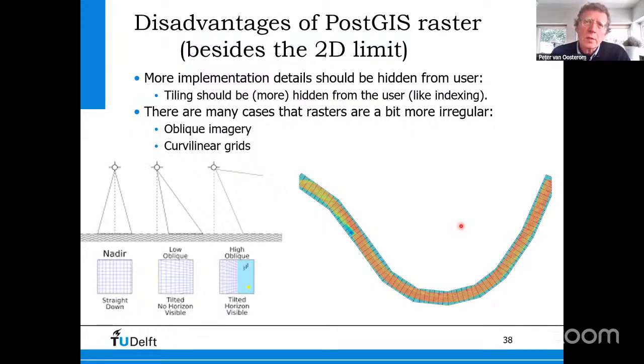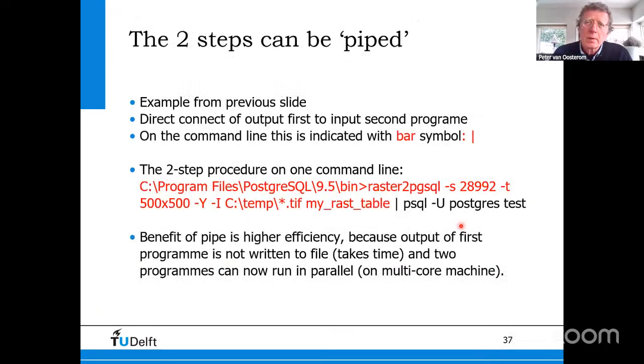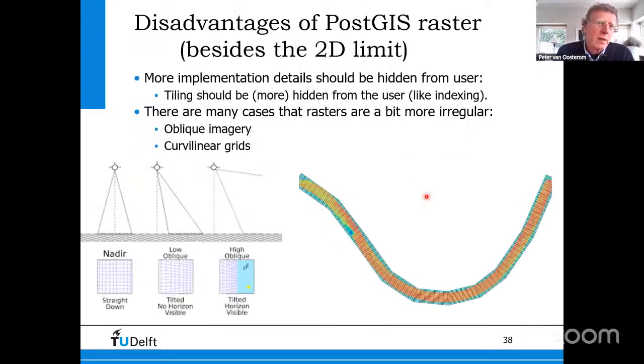Disadvantages of Postgres raster. Okay, you have to make the tiling yourself, but actually the conversion tool raster2pgsql can do the tiling for you, so it's not a big burden. But you have to be aware of it when you are using the table with all the raster tiles and the pyramids.